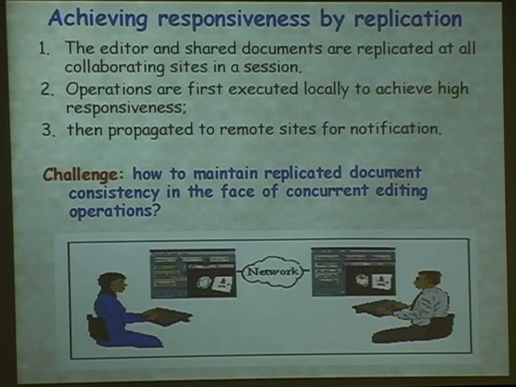The operations are first executed locally to achieve high responsiveness, and then propagated to remote sites for notification, and also for maintaining consistency of replicated copies. The main challenge in the replicated collaborative editing environment is how to maintain replicated document consistency in the face of concurrent editing operations.